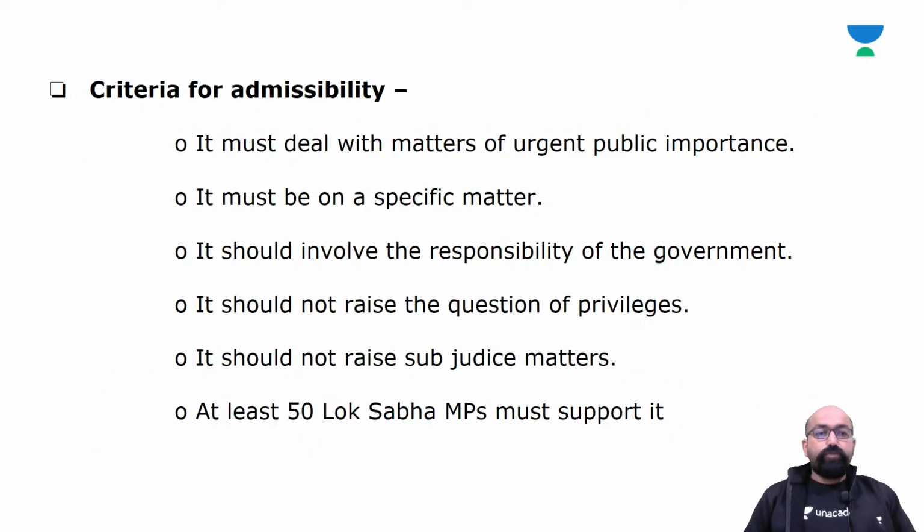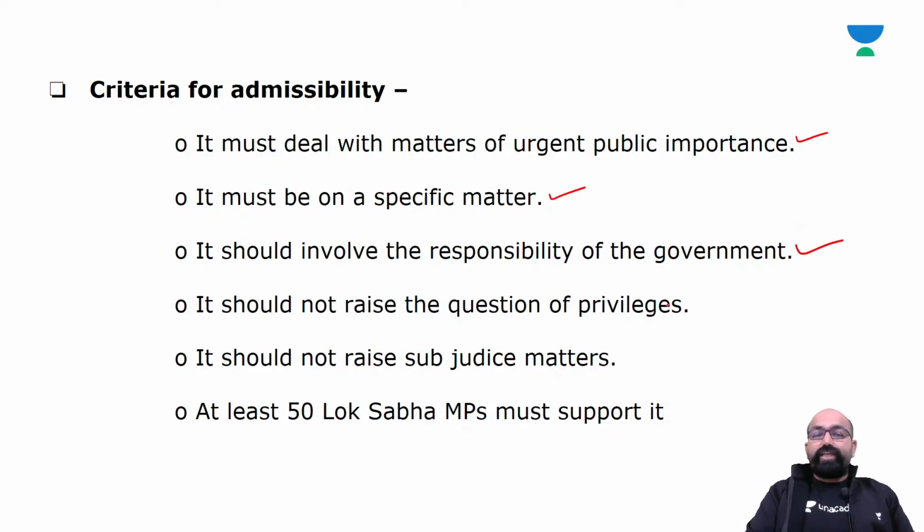Now, after that, we will see the criteria for admissibility. It must deal with matters of urgent public importance. It must be on a specific matter. It should involve the responsibility of the government.